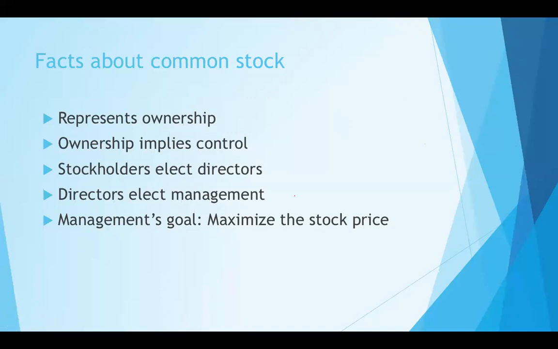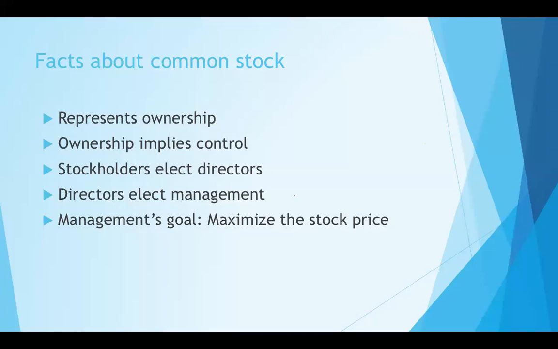As you all know, common stock represents ownership, right? What does ownership mean? The owners of common stock have the right to elect the directors or the top managers to manage the business.